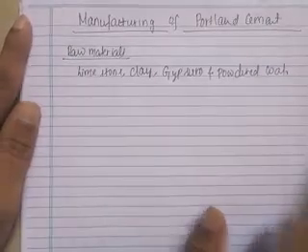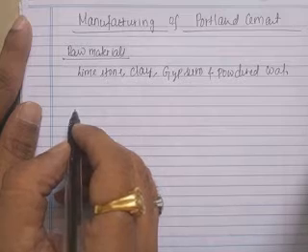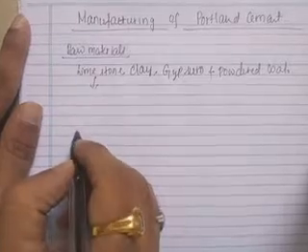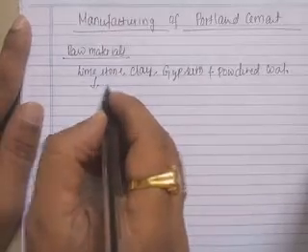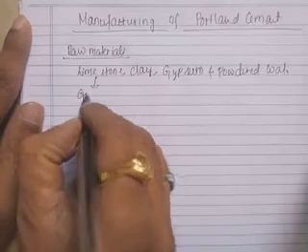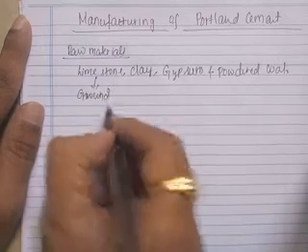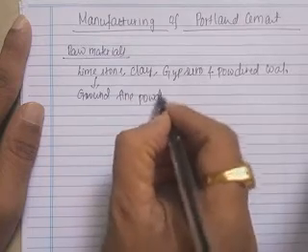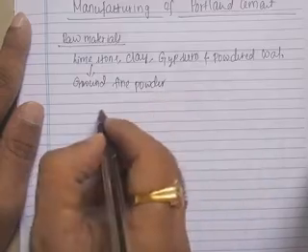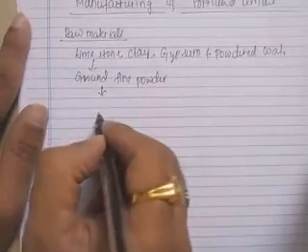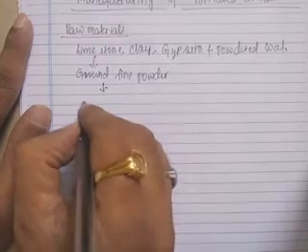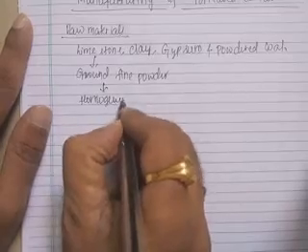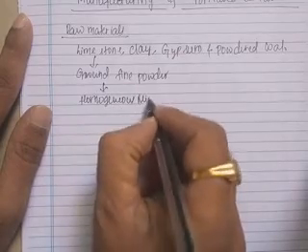In the manufacturing of Portland cement, first each raw material is separately ground to a fine powder, and it is mixed in proper proportion to obtain a homogeneous mix.